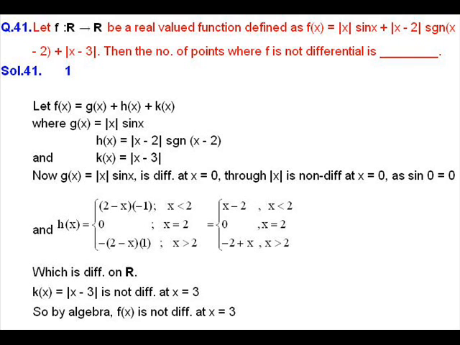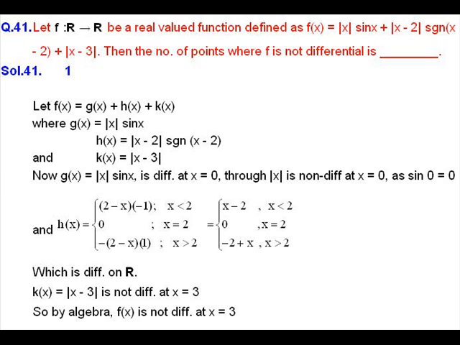So here we can use algebra of functions, because f is nothing but the sum of three functions. We can write f(x) equal to g(x) plus h(x) plus k(x), where g(x) equals mod x times sin x, h(x) equals mod of x minus 2 times signum of x minus 2, and k(x) equals mod of x minus 3.